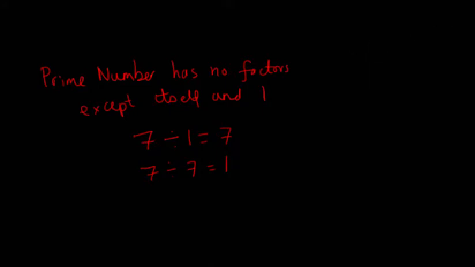Now, prime numbers are really quite useful things in mathematics, and you can take a number, so we're going to take 180, and you can express any number as a product of its primes. So you can take any number, we're talking about 180, and you can do what's called factorization and split it into all the numbers that multiply together to get 180 till you get a whole list of prime numbers.